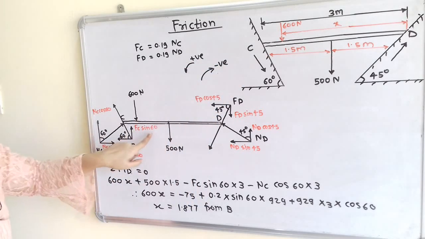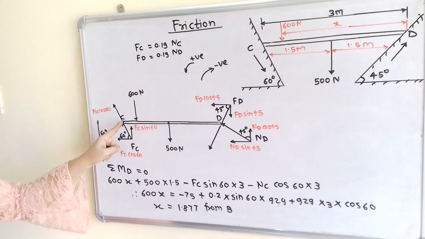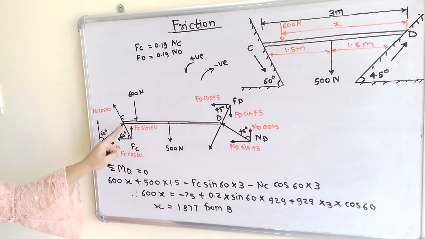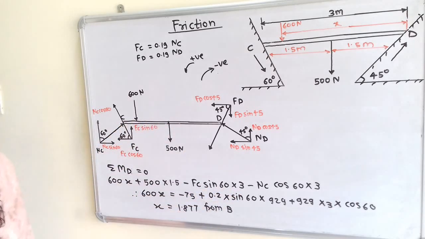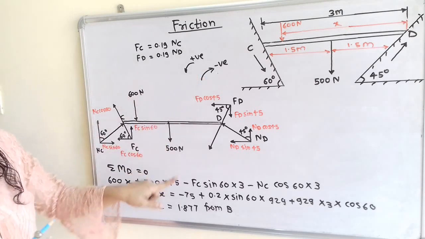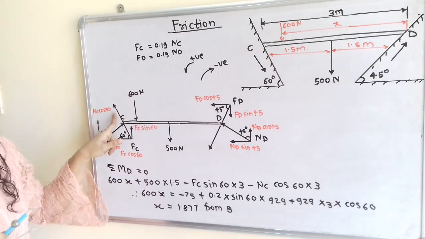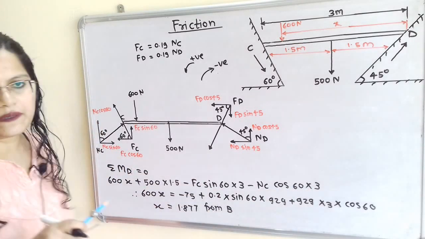So minus FC sine of 60, and what is the distance from this point D? For this point C, it is 3 meters. So we have to write here perpendicular distance 3. Now next is NC, NC cos of 60. It is in the vertically upward direction, so it is having clockwise direction. So minus NC cos 60 multiplied by 3.